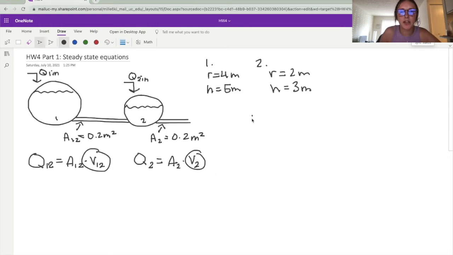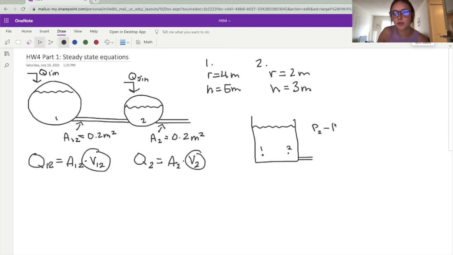If we look at a problem that we have worked out before, where we had a tank with fluid in it, a point 1 and a point 2, and a pipe coming out of it, we know that the pressure at 2 minus the pressure at 1, over the density, plus the gravity times Z2 minus Z1, which is a distance, plus V2 squared minus V1 squared, over 2, equals 0.